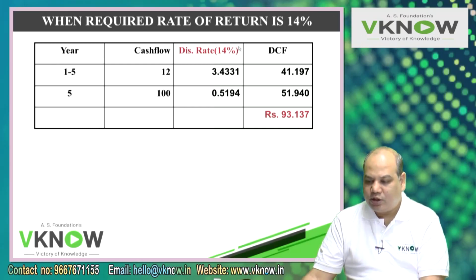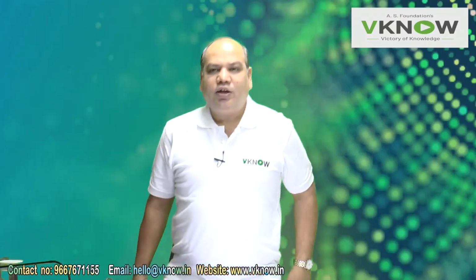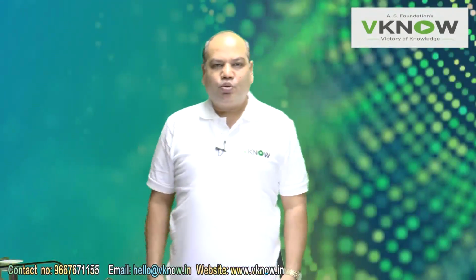So the second thing that you have learned is that if the required rate of return is more than the coupon rate, the present value of the bond will be less than the face value of the bond. It has to be less than face value, only then the investor will be able to enjoy a higher rate of return than the coupon rate.